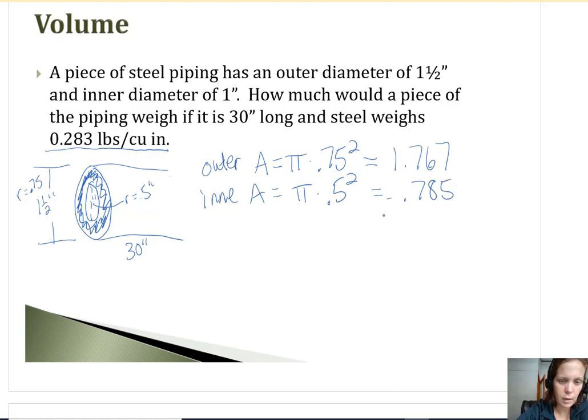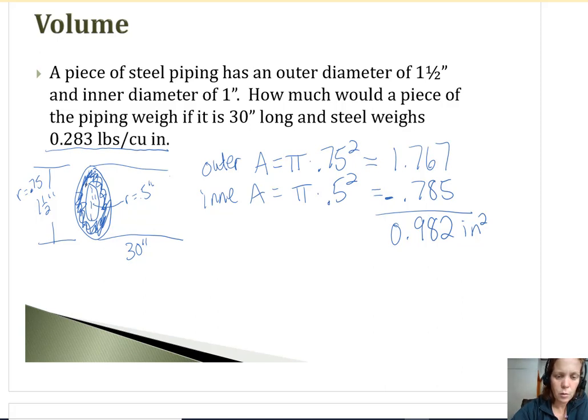So I have to take off the inside, so I'm going to subtract those. 0.982. So this was the area of the ring, the area of the cross-sectional view of this piping, like if we're looking at the piping head on.